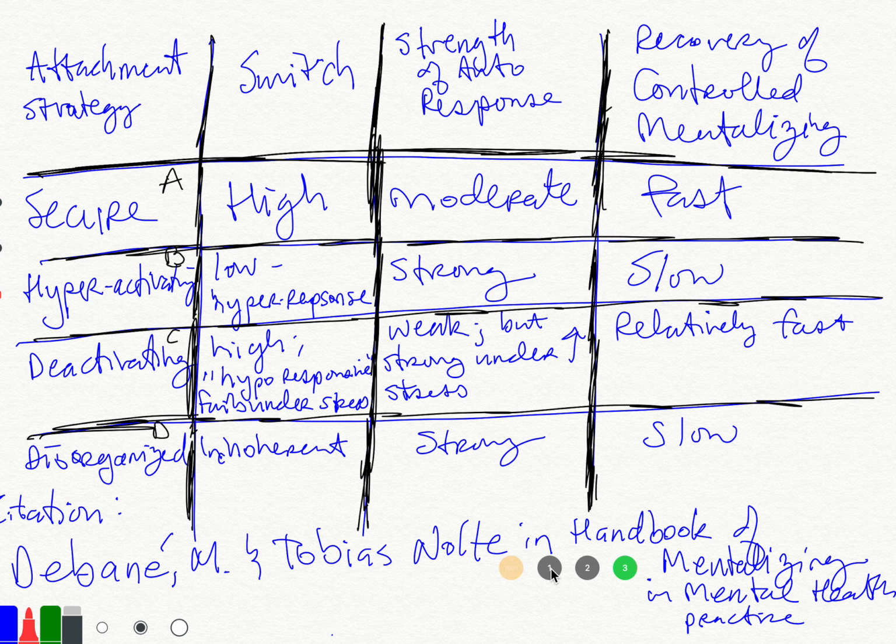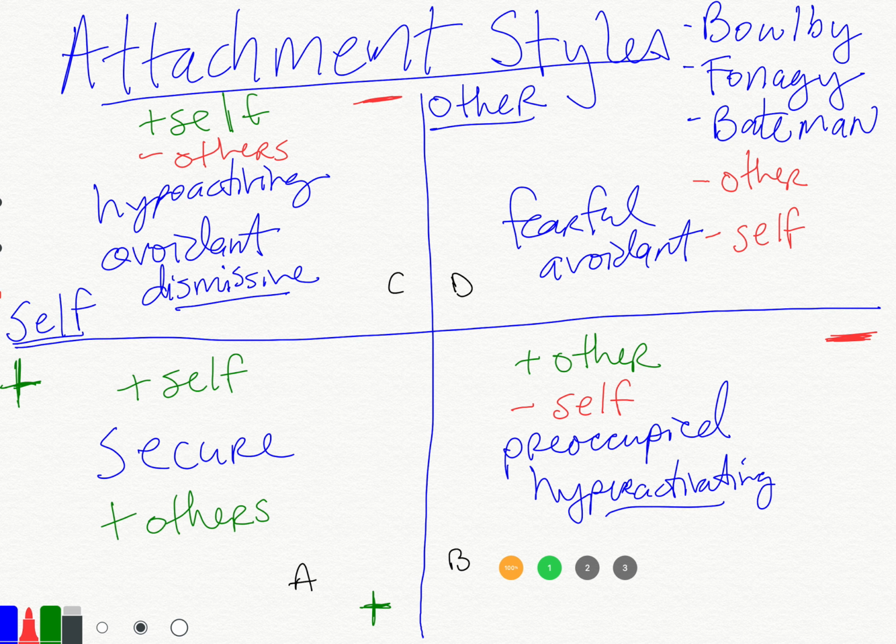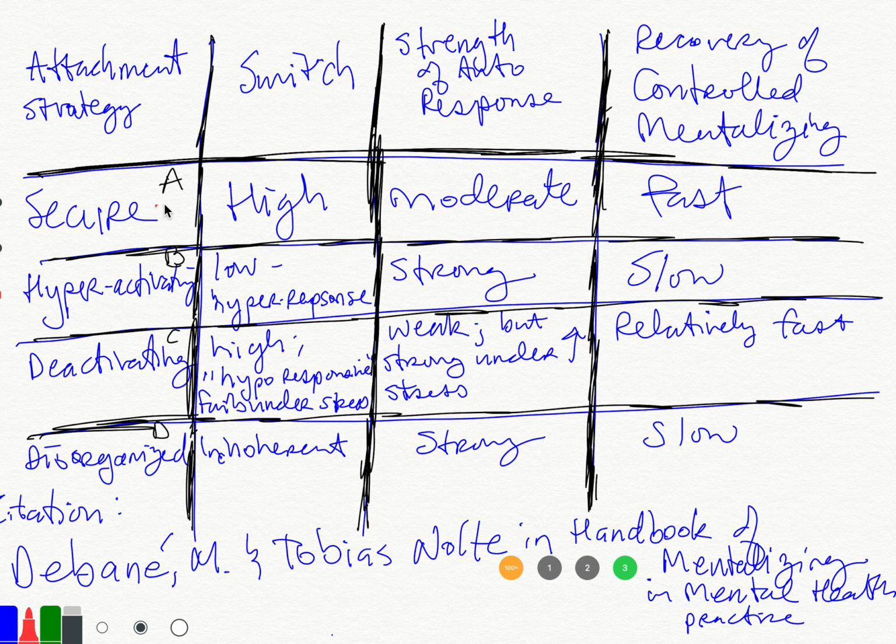And so if you recall our attachment strategies, here we have secure is A, preoccupied B, avoidant C, fearful avoidant D, and those letters are A, B, C, and D. So secure, hyperactivating or preoccupied, deactivating or avoidant, and then disorganized or fearful avoidant.